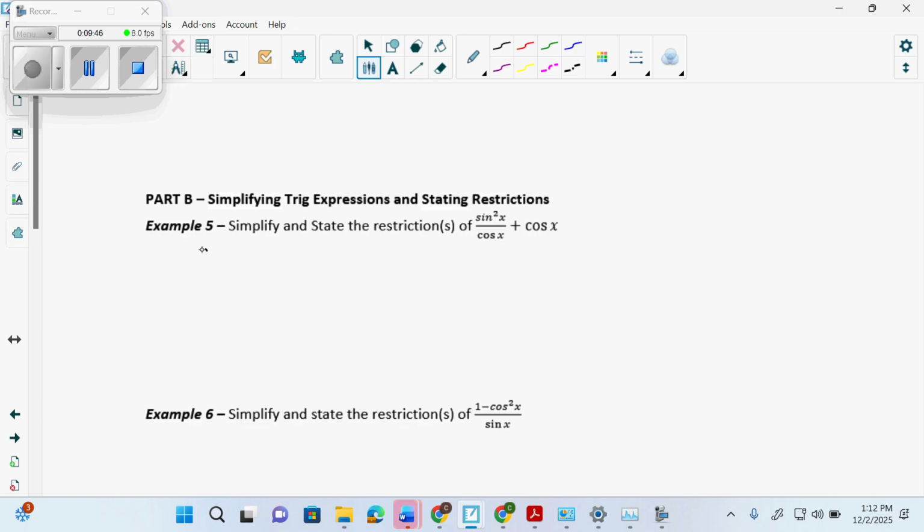So this one here is sine squared x over cos x, plus cos x, technically over 1, right? Are they all sines and cosines? Yeah. If they're like cotangents or tangents or secants or cosecants, you might want to change them before you state non-permissible values. But these are all nice sines and cosines, correct? The only thing I have in my denominator is cos x and a 1. So I'm going to do my restrictions first.